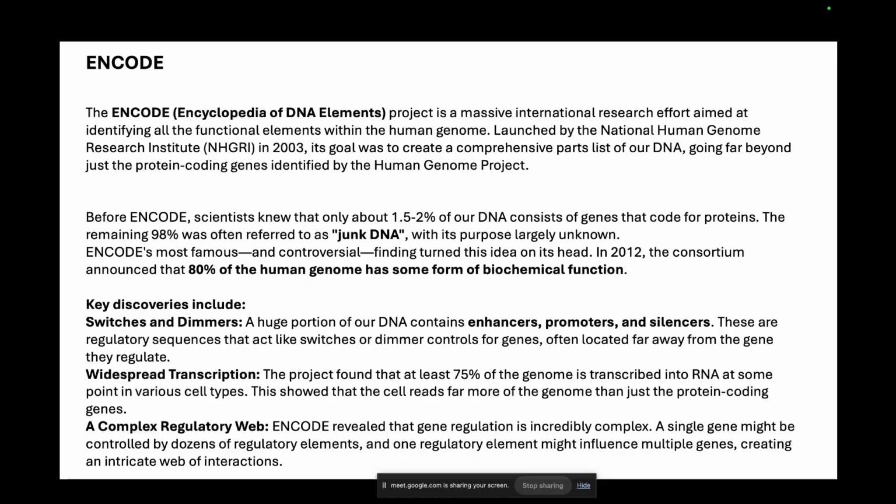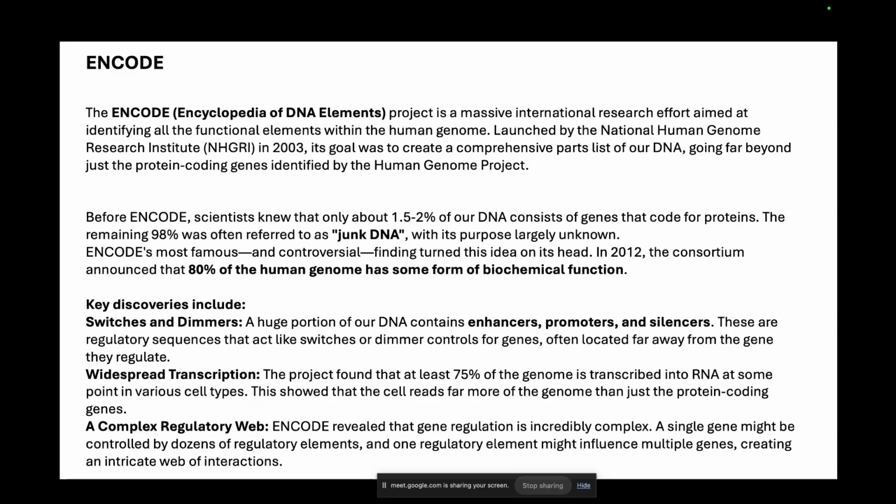So ENCODE's most famous and controversial finding was in 2012, when they announced in a paper that 80% of the human genome has some form of biochemical function. This was controversial because it was done using some statistical techniques and some wet lab validations, but claiming biochemical function was still very difficult, though they claimed it.